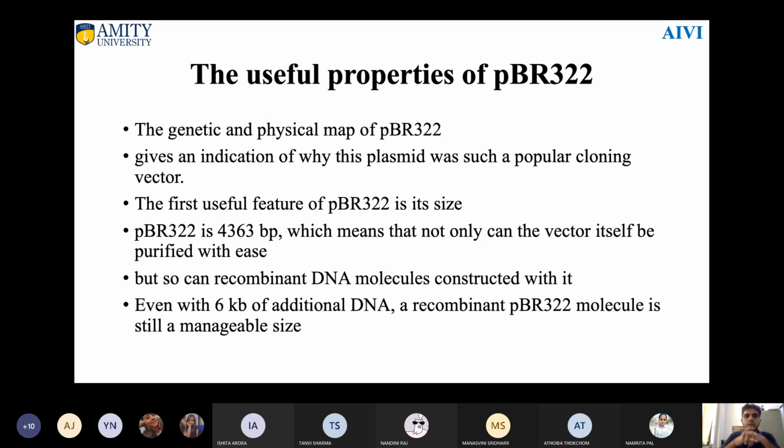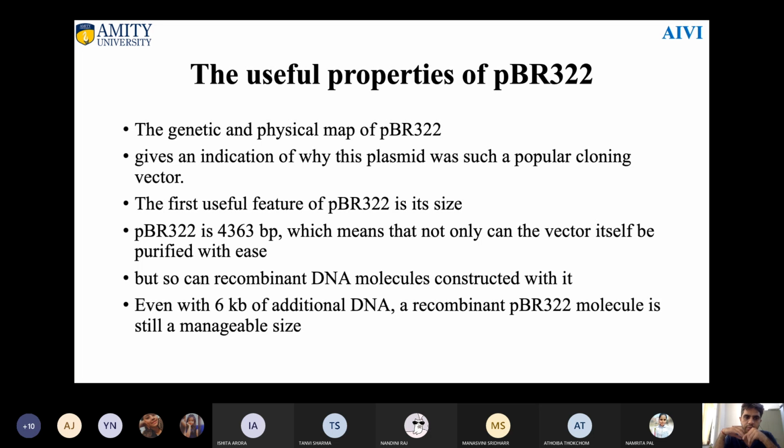So then we talked about the useful properties pBR322 is going to have, and the genetic and physical map of pBR322 is available to you. When the map is available, it simply means a complete sequence of the vector is available to you, by which you can design whatever action you want to perform.